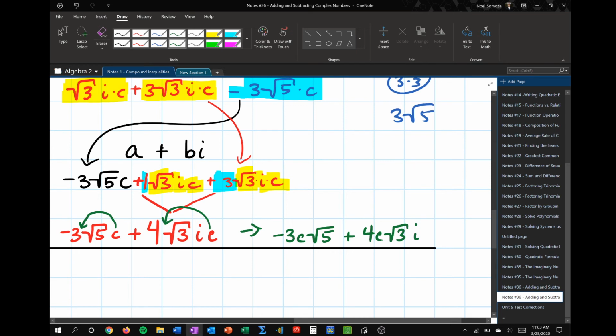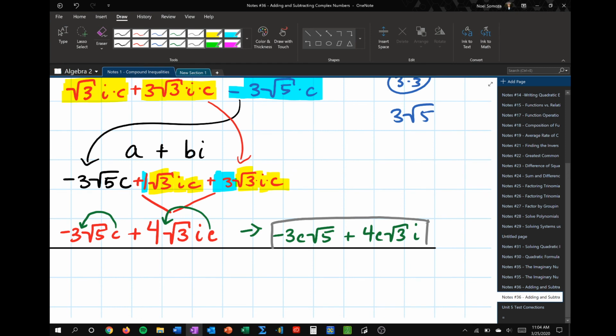This is actually how I would prefer it, because you leave i at the very end as opposed to having c at the end. So that represents the final complex number there.